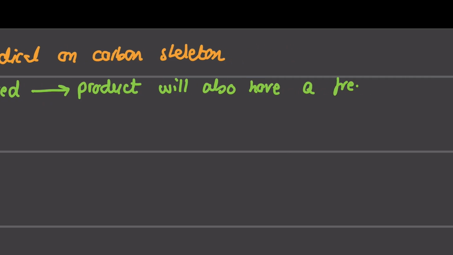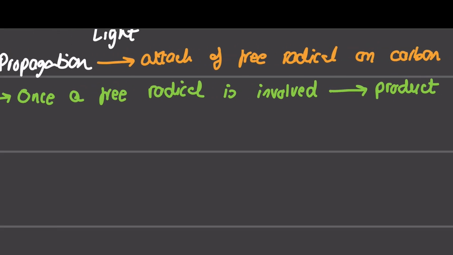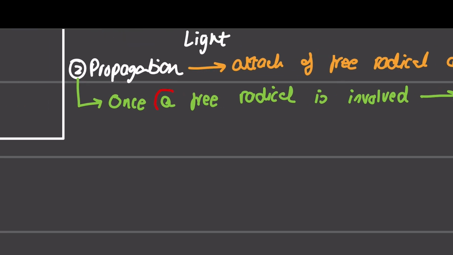The words I want you to look at are "once a free radical is involved." I'm not talking about multiple free radicals right now. Hold your horses and just look at what I'm going to do. Propagation is something that can go on and on for a very long time.